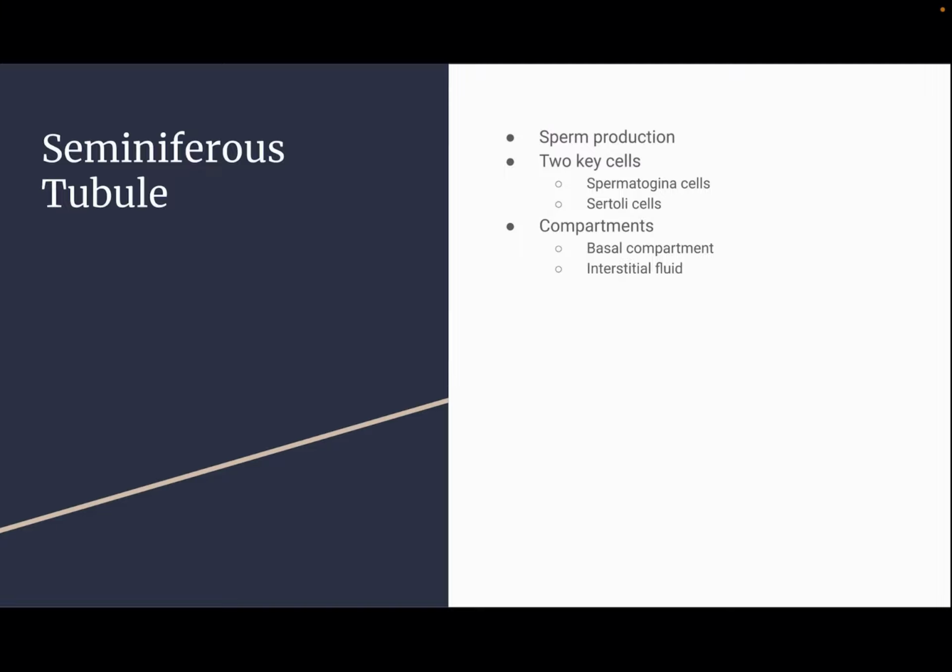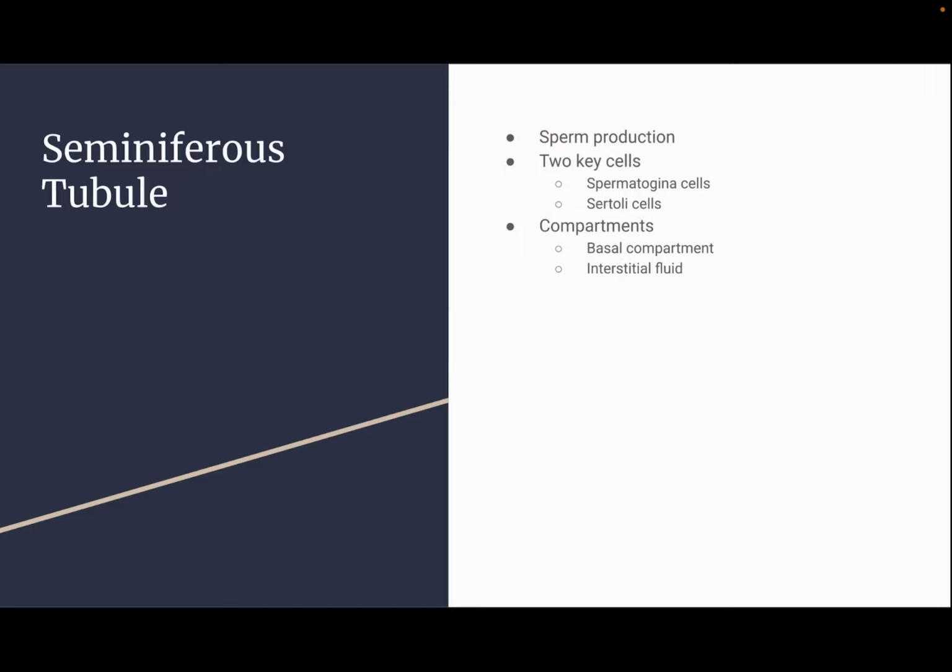These tight junctions are sometimes called the blood-testis barrier because they function similarly to a blood barrier, so they restrict movement of molecules between the compartments. It's some type of regulation that stops everything from entering.